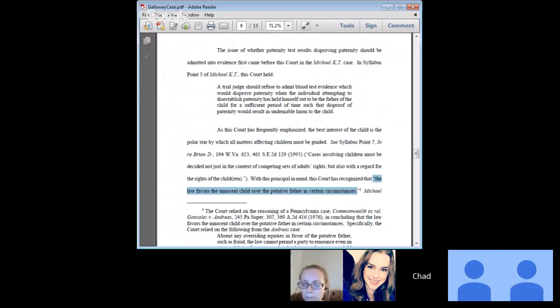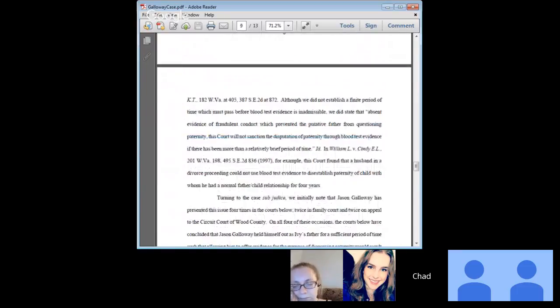So we feel bad for dad, but we only feel so bad for dad because we're really worried more about the child. Right? You agree with that? So then we state, anyway, you get some factors that come in here. Basically, we should do it sooner than later. And we basically don't allow you to bring in this evidence if it's been more than a relatively brief period of time. So we want it to be established.